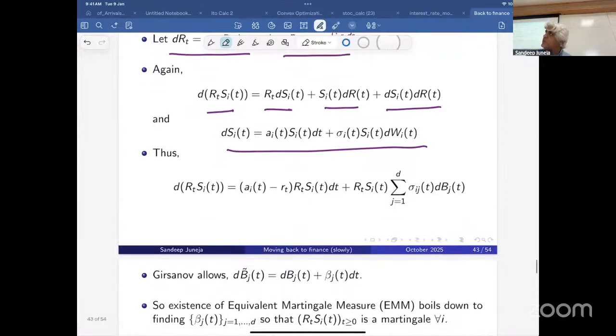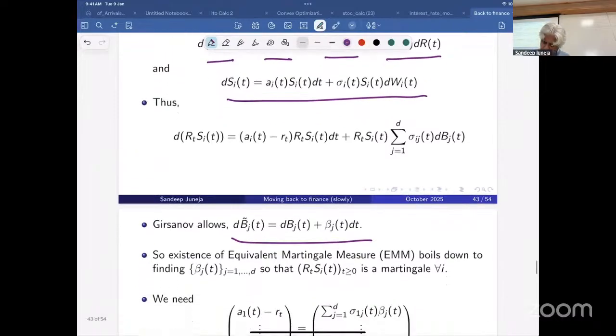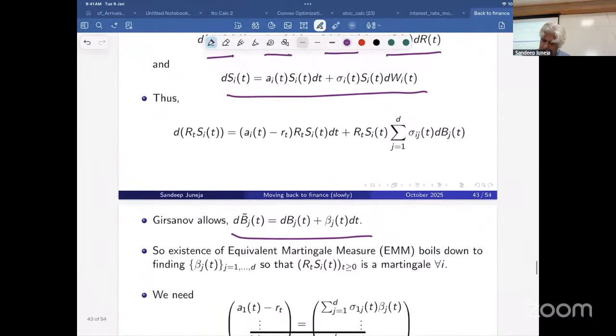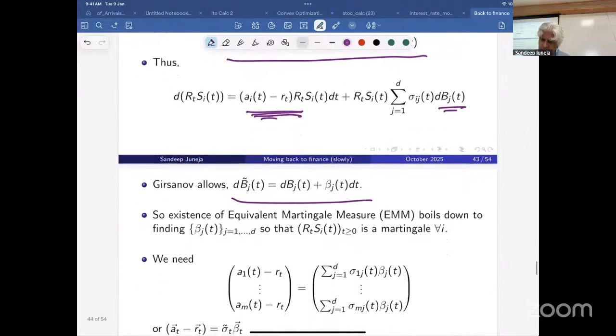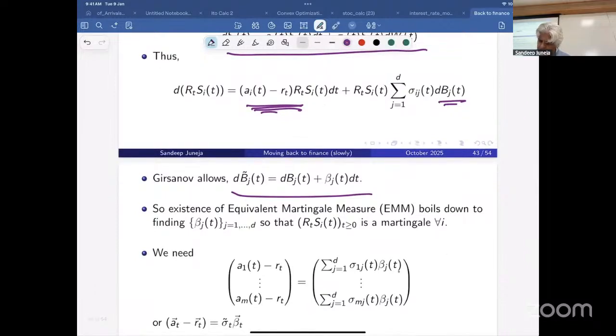So what we can do is we can twist each Brownian motion in the following manner, right? We can add a drift to it, beta jt dt drift to it. That's what we can do for each of them. So then to make this term vanish, we add a drift here in such a manner that it exactly matches and cancels this drift. So that simply boils down to coming up with this beta jt, j equal to 1 to d, such that this relationship holds.